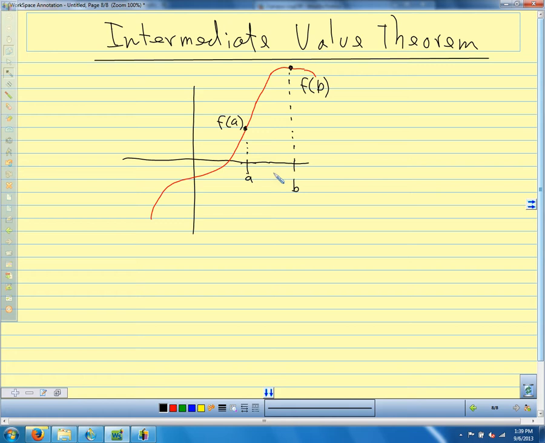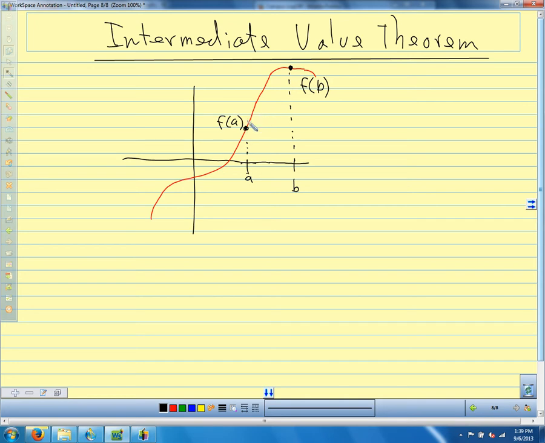What the intermediate value theorem tells us is when we have a polynomial function, a continuous function, the function is going to take on every value between f of A and f of B. So there aren't any holes in our graph.